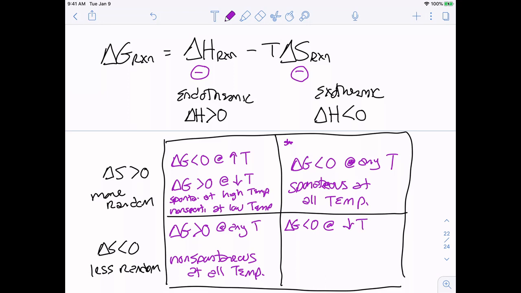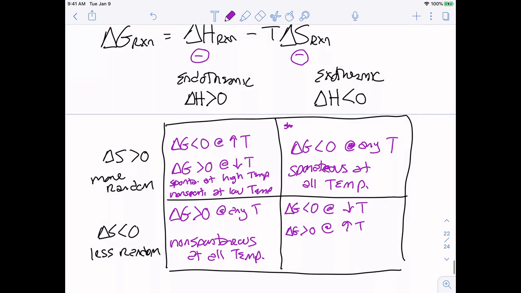And then if that temperature term is big, then my negative delta S becomes important. So I have a negative value minus a large negative value, so essentially a negative plus a large value. My free energy change will be greater than 0 at high temperatures, right? So spontaneous at low temperatures, and then non-spontaneous at high temperatures.